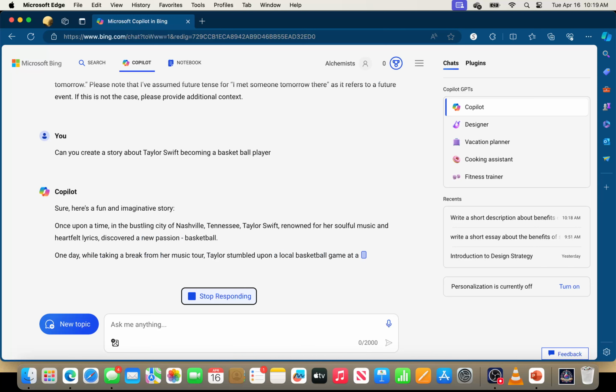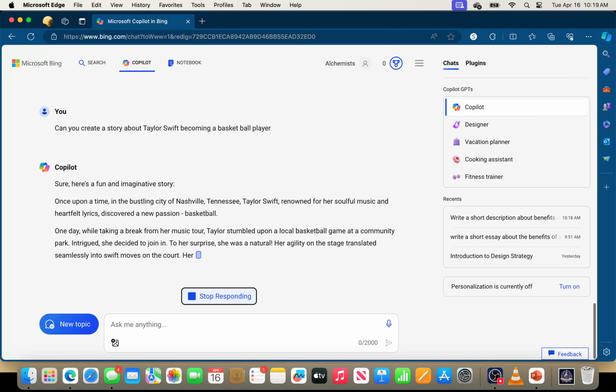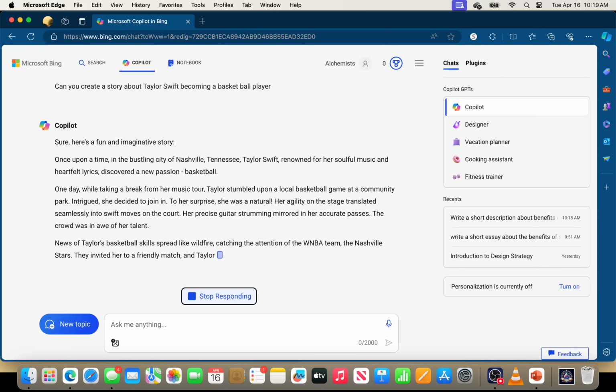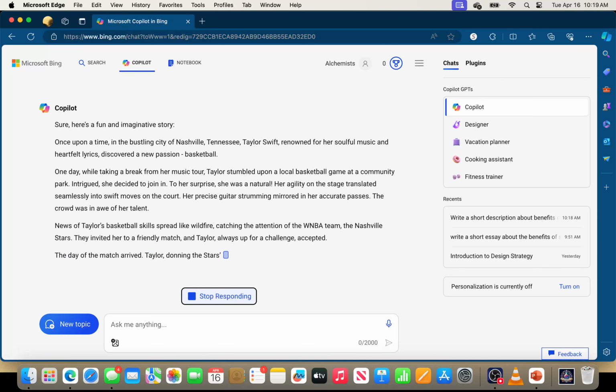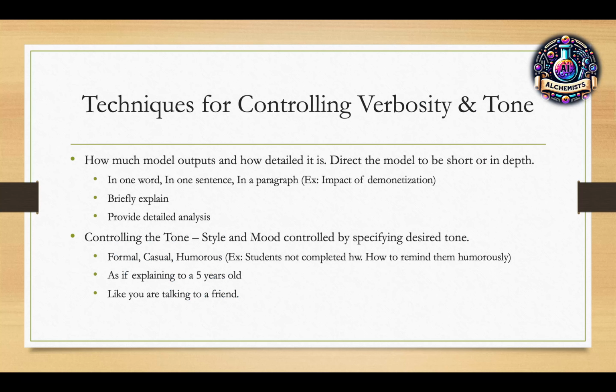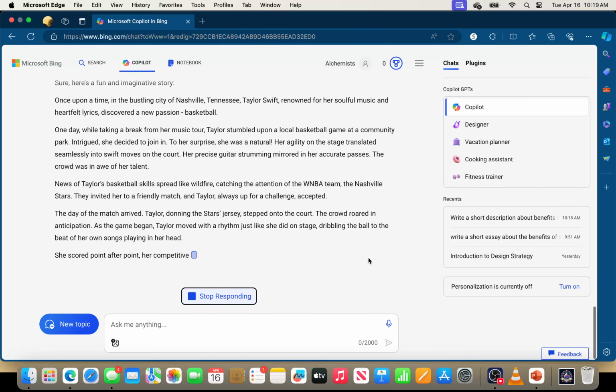So it understood who she is. It is able to identify the characters. It's coming up with its own story. You can read about this by prompting by yourself. I'm not going to do that. I'm just trying to let you know that you can put it in a paragraph, you can briefly explain, you can provide detailed analysis. All those things are to control the verbosity, and the tones available are like formal, casual, humorous.